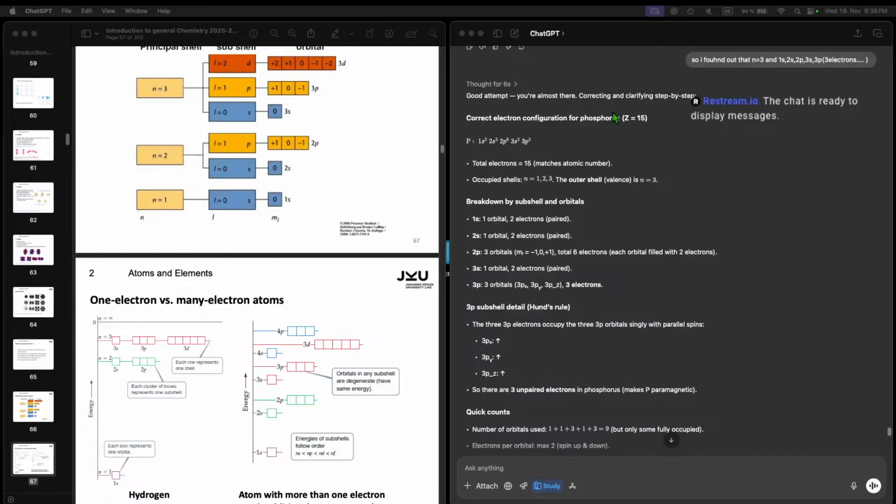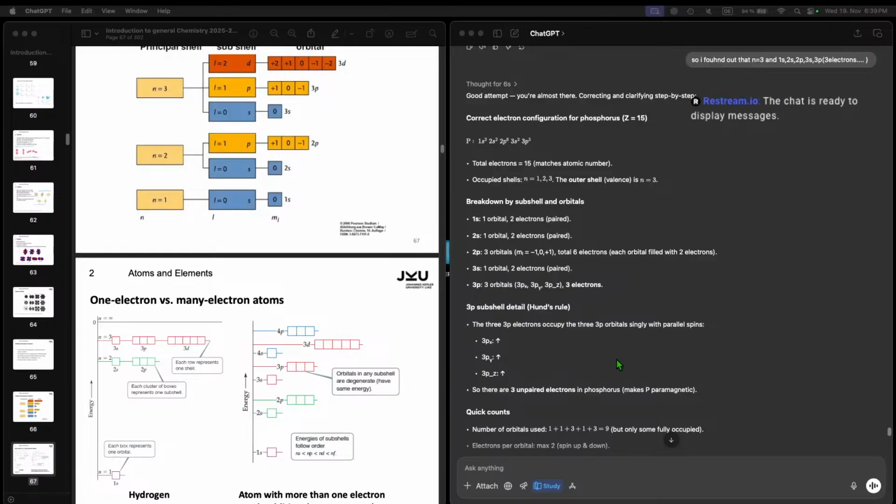Good attempt. You're almost there, correcting and clarifying step by step. Yeah, 3p3. Okay. Breakdown: 3p subset detail, Hund's rule. It's either top or bottom.